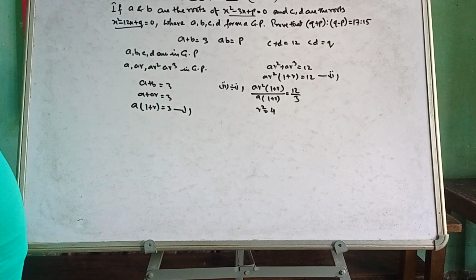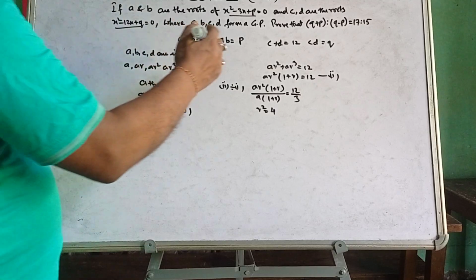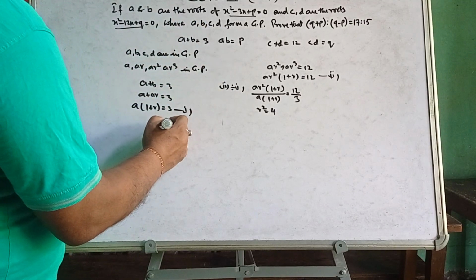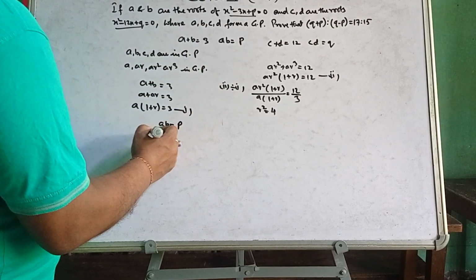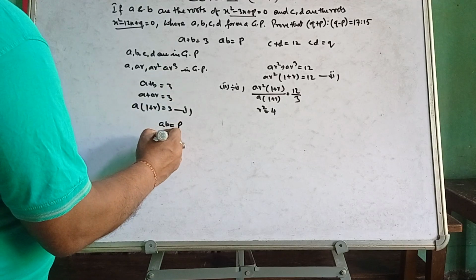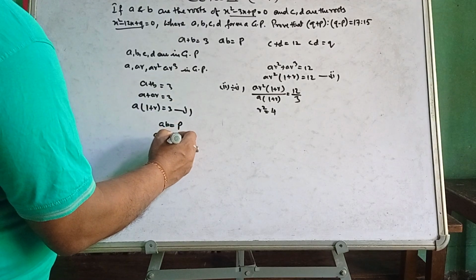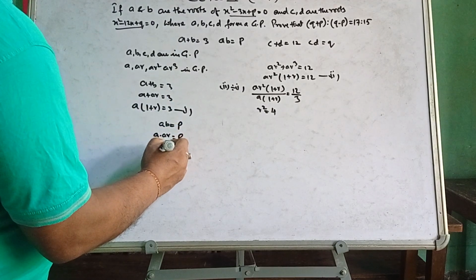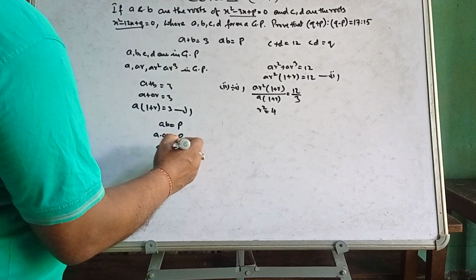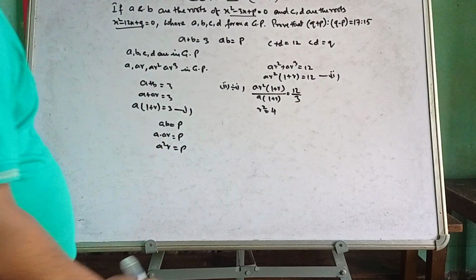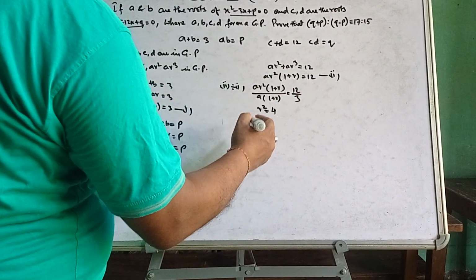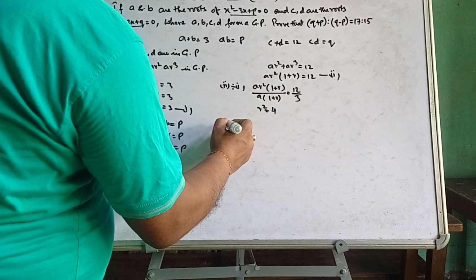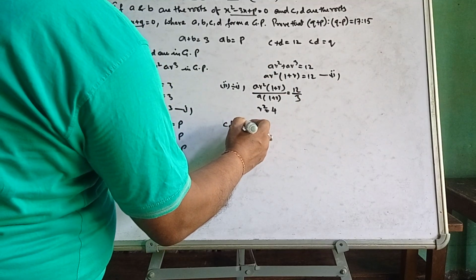So here again your ab is equal to p. So b is ar. a into ar is equal to p. So a square r is equal to p. Now here cd is equal to q.